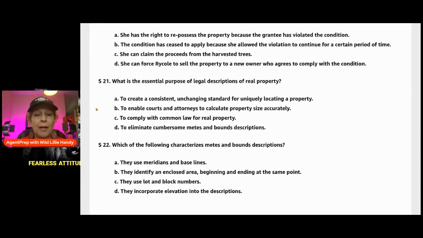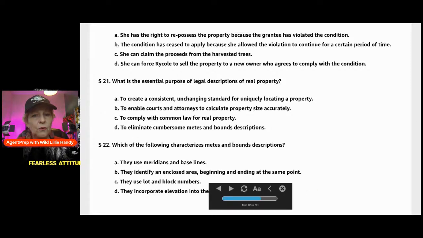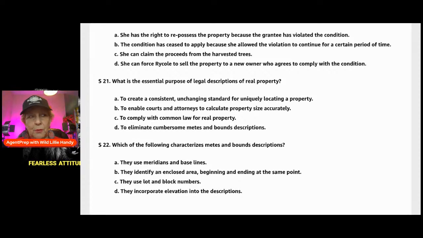C, to comply with common law for real property. Or D, to eliminate cumbersome metes and bounds descriptions. So what is legal description's purpose? For real property, okay? Gotta make sure to specify that, not personal property.